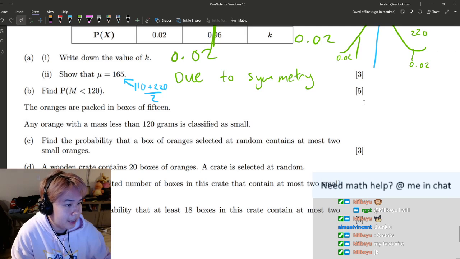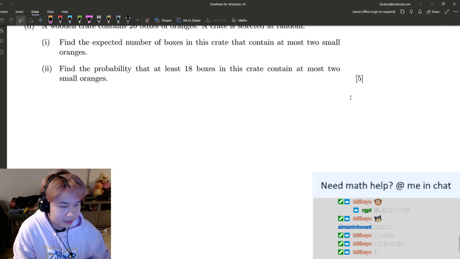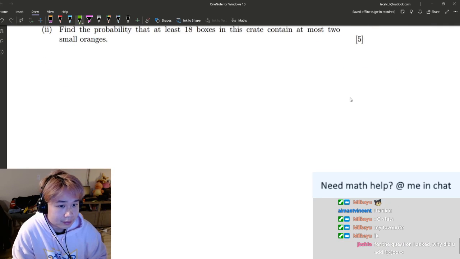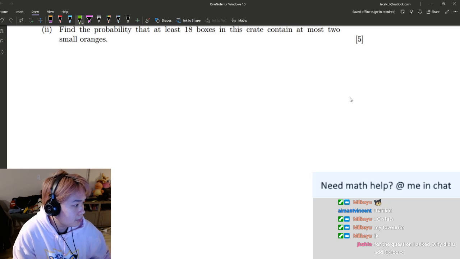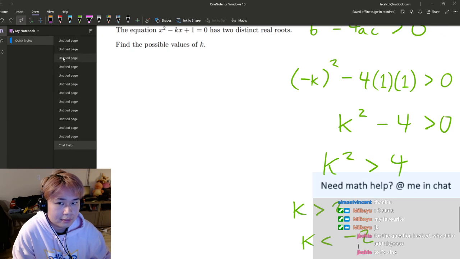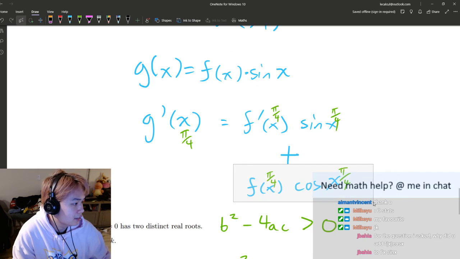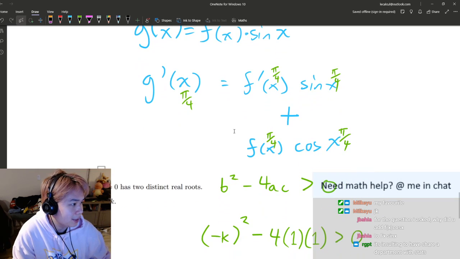So for part B, it's 5 marks. It's not your favorite, it's everyone's favorite. This thing? This is the chain rule. Or not chain rule, product rule.